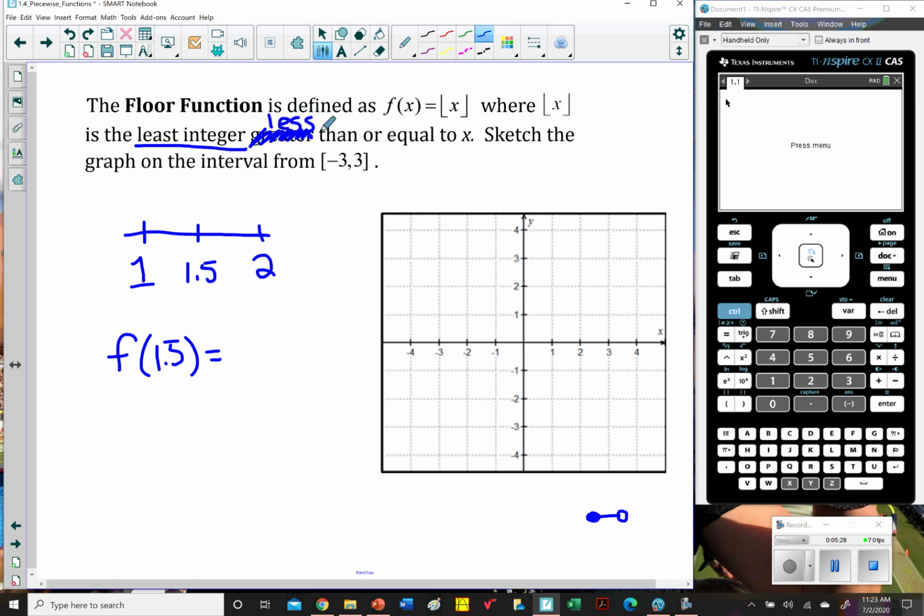That is less than or equal to x. So in this case, the floor function would have a step down back to 1 because we want the lower end. So where's 1.5? 1.5 is right in here, and I want to step down to 1.